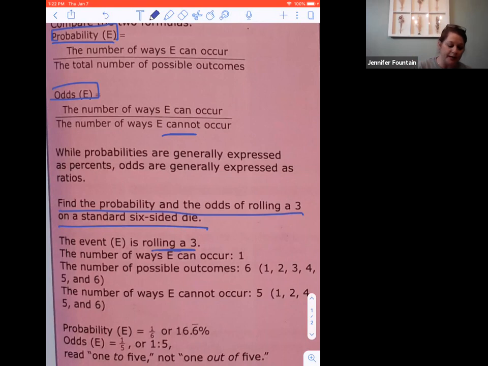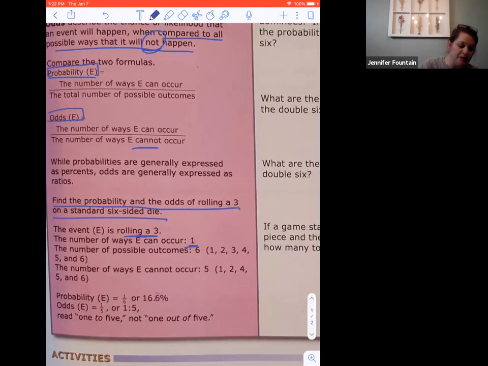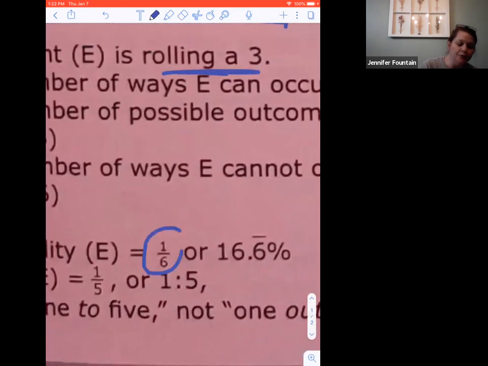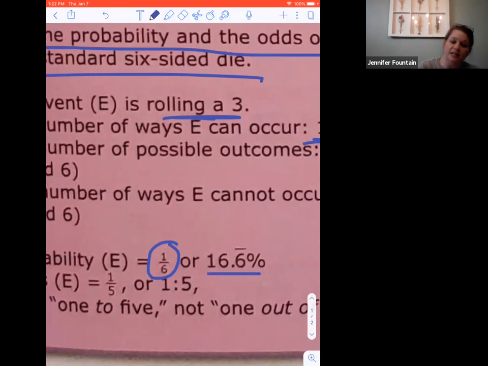E is rolling a 3. We know that there's only one chance of rolling a 3 on a die. All right, so if we're looking at probability, that means I would write it as a fraction of 1/6 because I have one chance out of 6 of rolling that 3. If I wanted to represent it as a percent, I could.